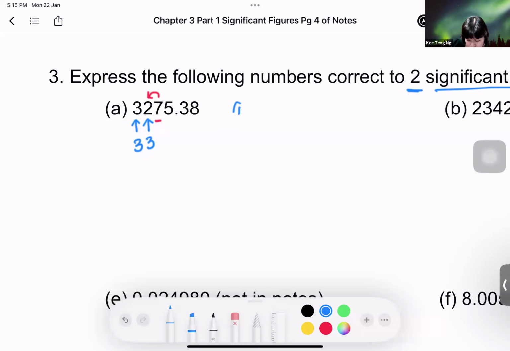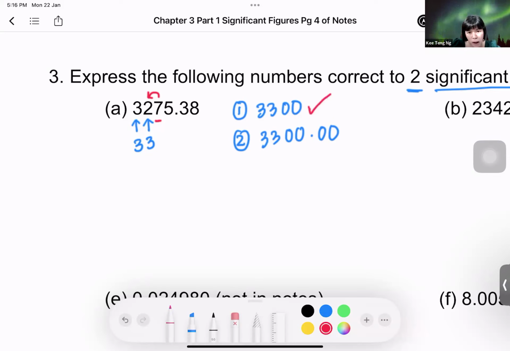Option 1, do I choose 3300? Or option 2, do I choose 3300.00? Which one meets just nice exactly the two significant figures without any additional accuracy? Well, the answer is option 1.